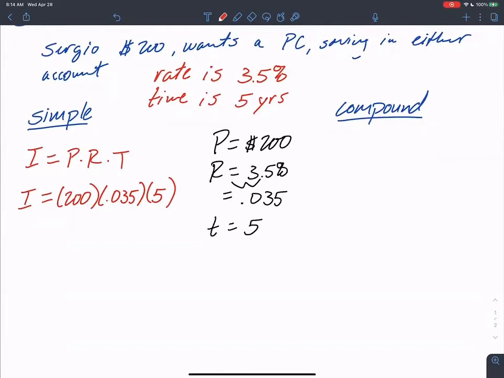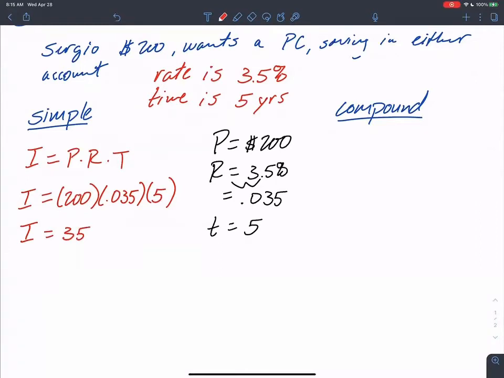So when you're ready, someone give me that interest. 35, is that what you got? 200 times 0.035 times 5. $35, yeah. So I equals $35.